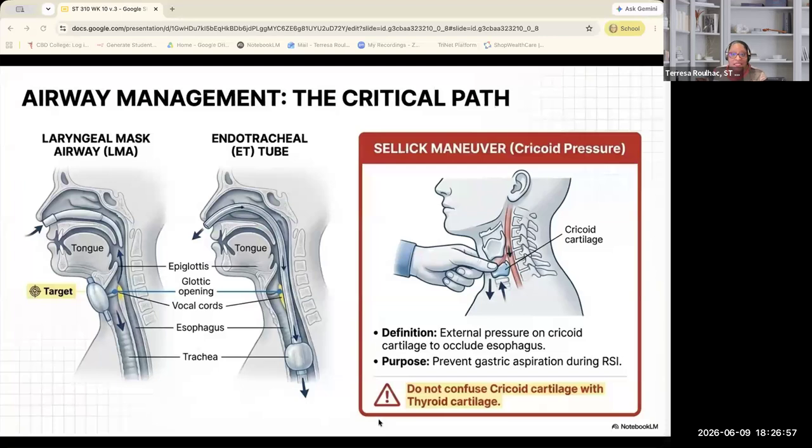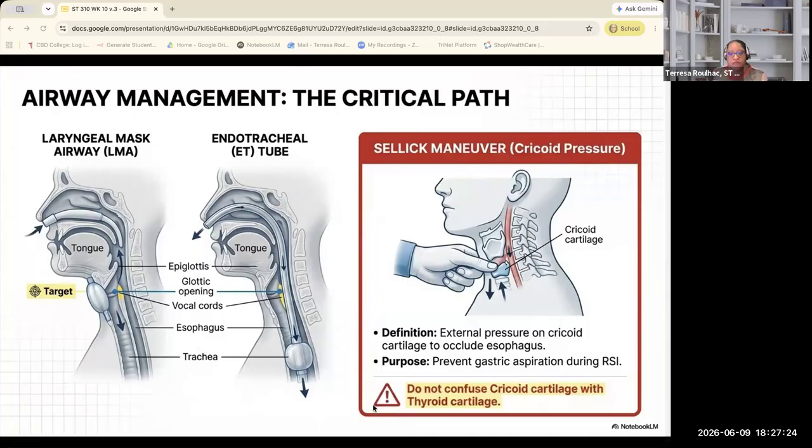The second is the ET, or the endotracheal tube. That one passes through the vocal cords and into the trachea. This provides a more secure airway, it allows controlled ventilation, and it helps protect against aspiration. So one thing that I've noticed that gets mixed up this week is the cricoid cartilage and the thyroid cartilage.